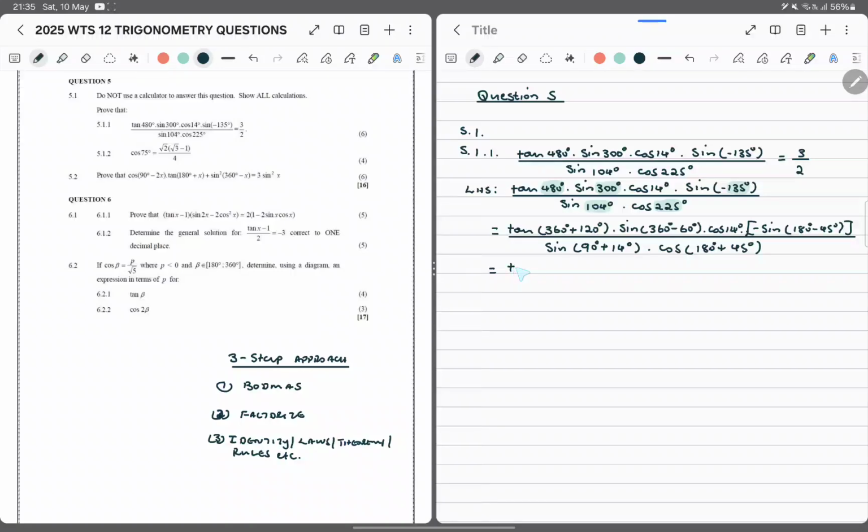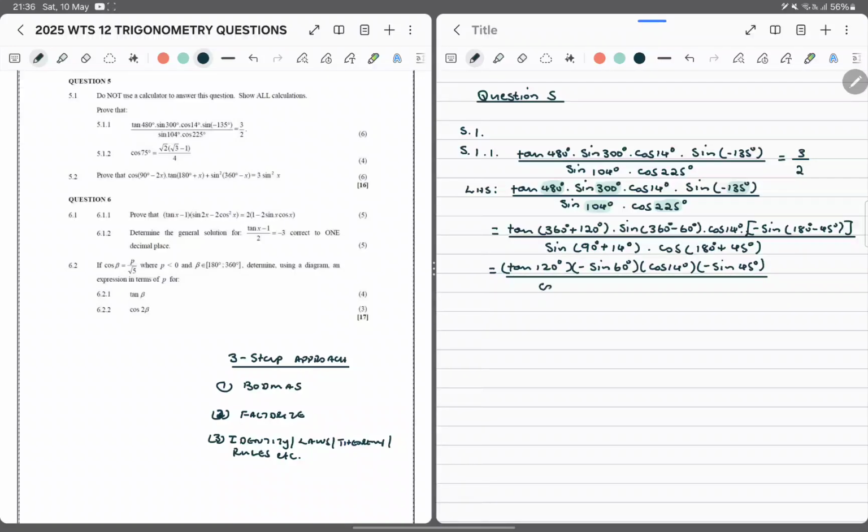So this is going to be plus tan 120 degrees times sine, this is going to be minus sine 60 degrees into cos 14 degrees into, now this is 180 minus, it would be positive but it's dragging a negative, so this is minus sine 45 degrees all over.